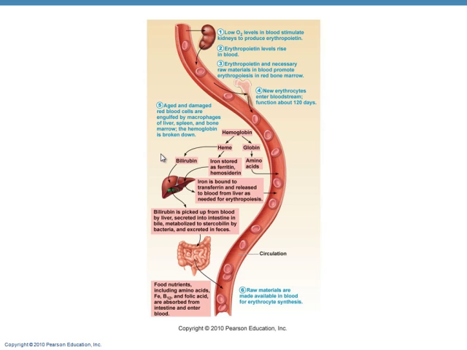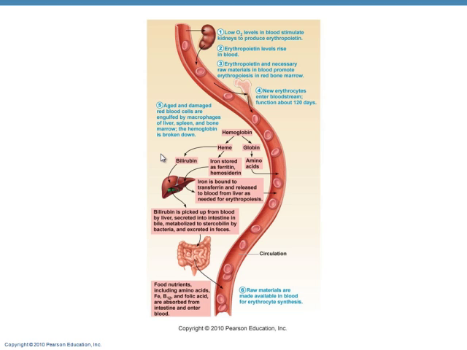Some of it is waste, but I recycle some stuff too. The liver has a big role in dealing with the waste products from erythrocyte destruction. Old red blood cells, get rid of those, but it also helps recycle some of the important things that we can use again.